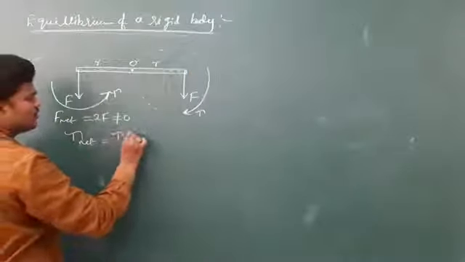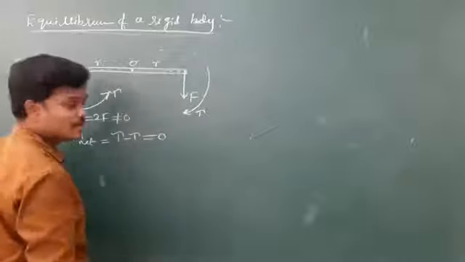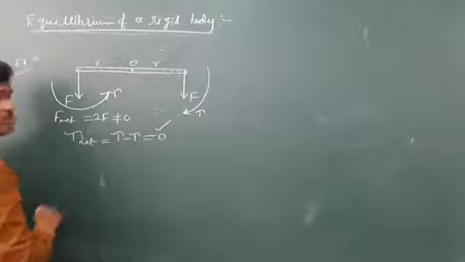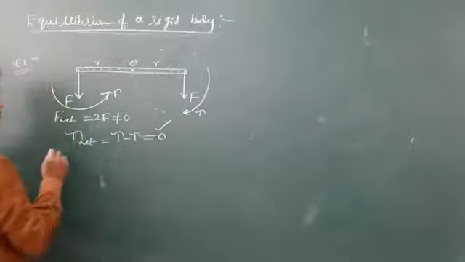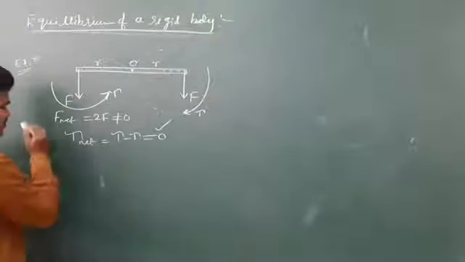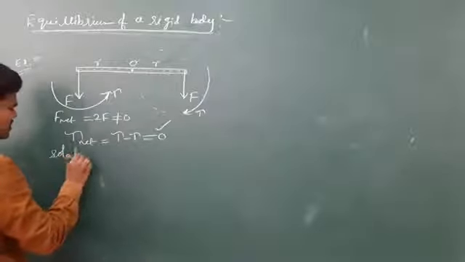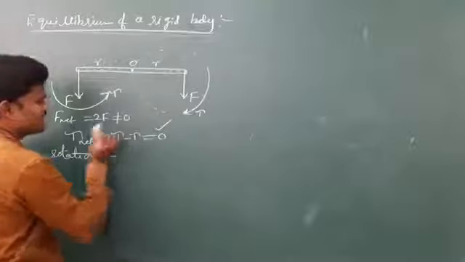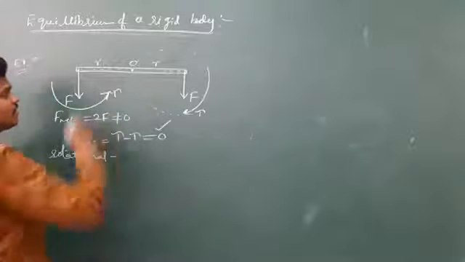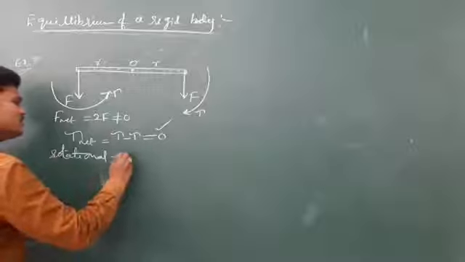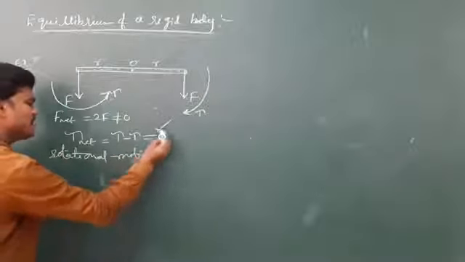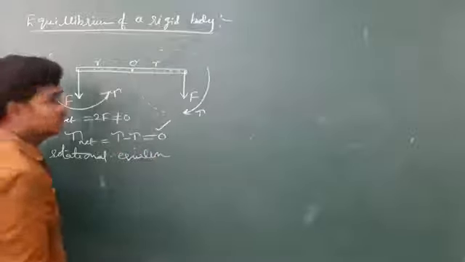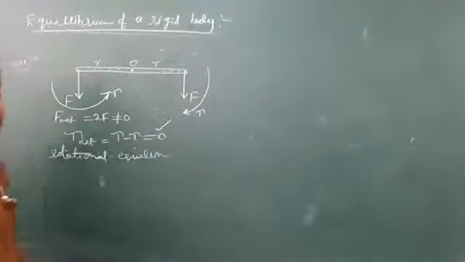Now the net torque is tau minus tau, which is equal to 0. So net torque 0. That means this is the example for pure rotational motion without any translation. Here the rod is in rotational equilibrium, but not translational equilibrium.